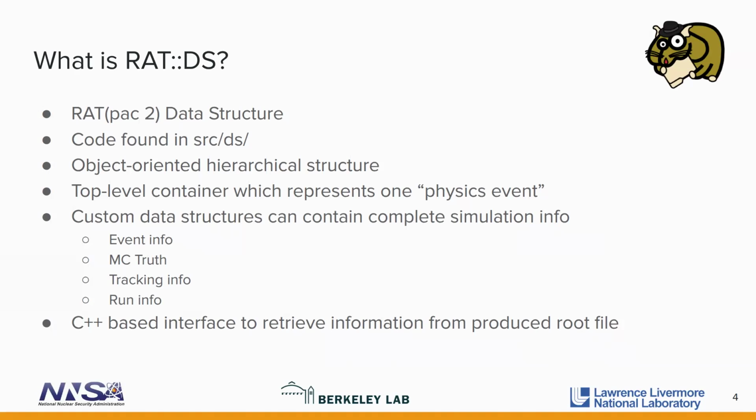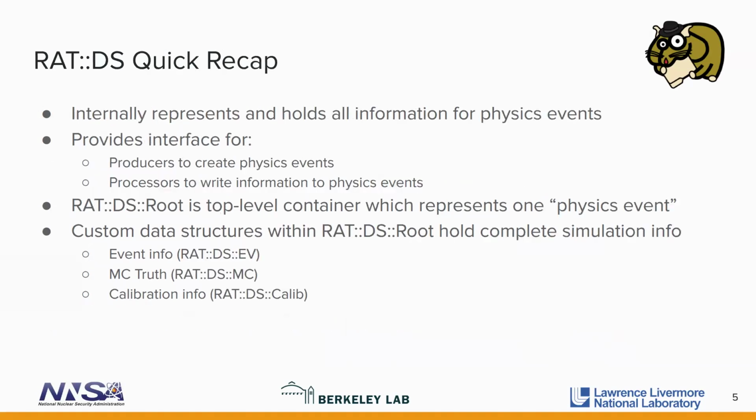There's also a C++ interface to retrieve information from the ROOT file that's produced. So it holds all of the information for your physics event, and it provides the interface for you to create the physics events and write information to them.